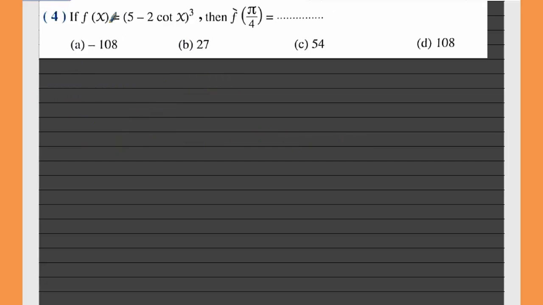Question 4. f of x equals 5 minus 2 cotan x power 3. So f dash of x equals 3 multiply 5 minus 2 cotan x all power 2 multiply the derivative of the bracket, the quantity between two brackets here.